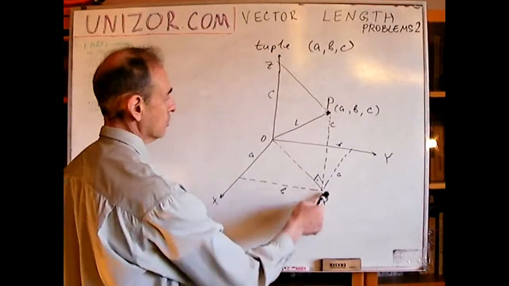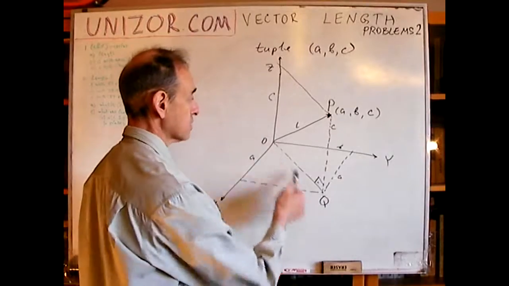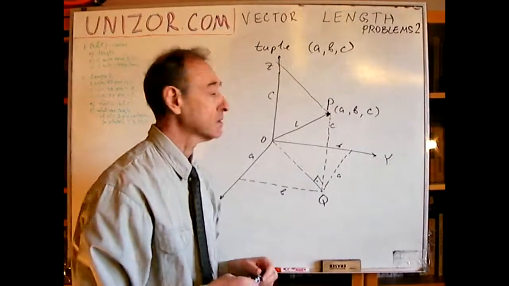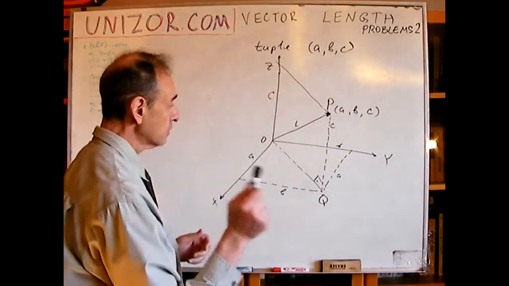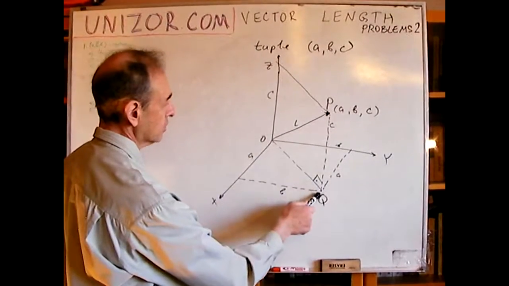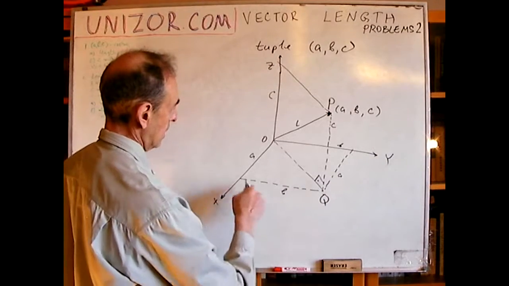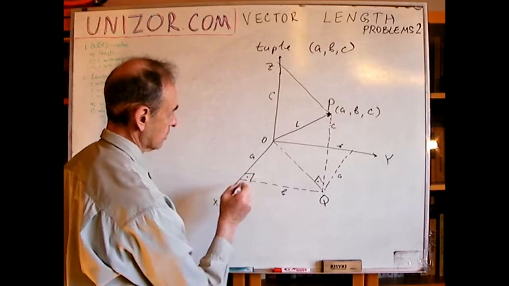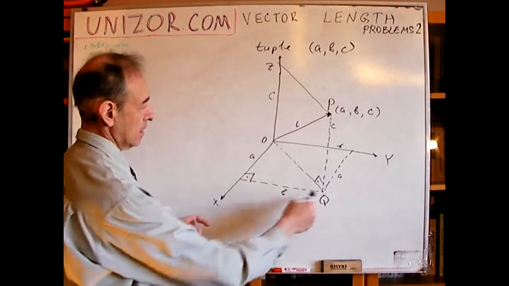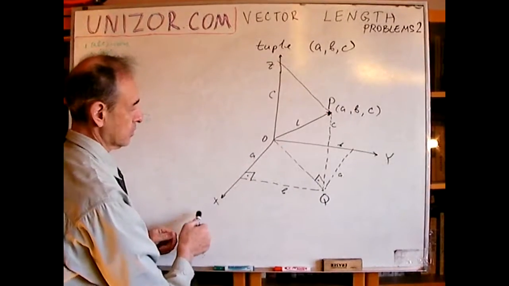So we know PQ. Now, do we know OQ? Because if we do, we can just use the Pythagorean theorem, right? Well, we don't know OQ directly, but we do know that OQ is the hypotenuse with a and b. This is also a right angle, right? Because from Q, this line is perpendicular to OX.